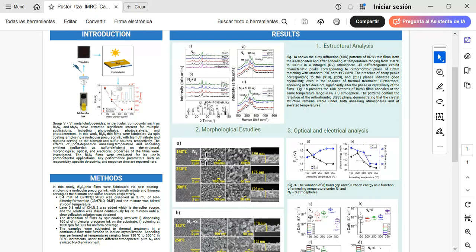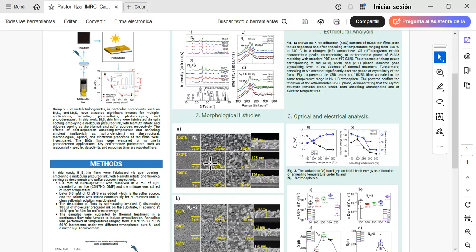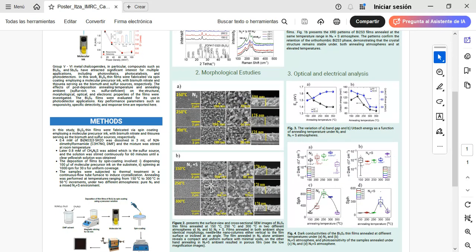The morphological studies present the surface view and cross-sectional SEM images of bismuth sulfide films annealed at 150 degrees Celsius and 300 degrees Celsius in pure nitrogen and nitrogen plus sulfur.